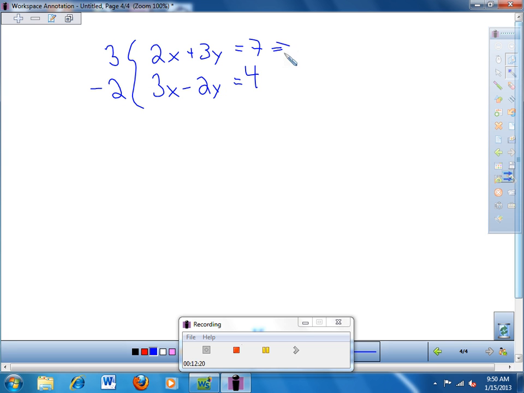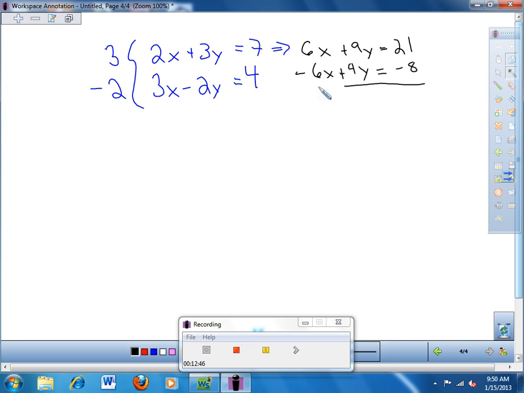And when I do that, this equation becomes 6x plus 9y equals 21. And this bottom equation becomes minus 6x, minus times minus makes plus 4y equals minus 2 times 4 makes minus 8.